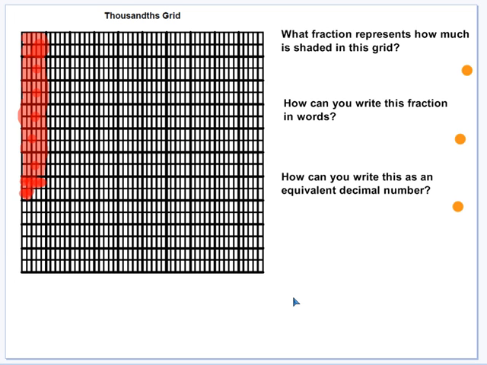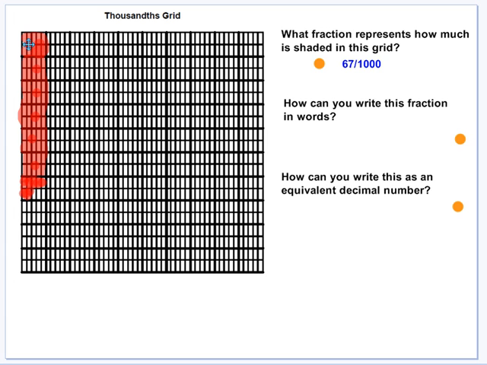So I shaded in some squares on our thousandths grid. What fraction represents how much is shaded in this grid? That means I need a numerator and a denominator. Pause your video. Okay, now that you're back, we should have 67 squares.